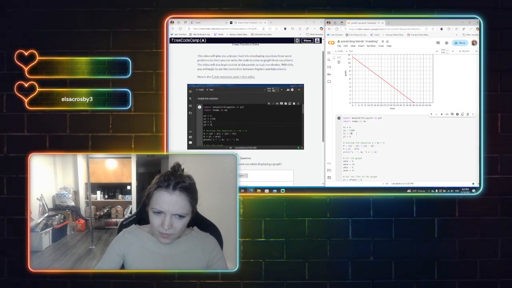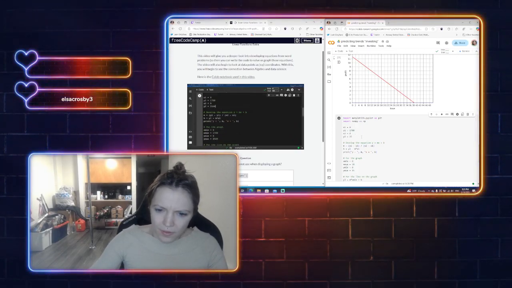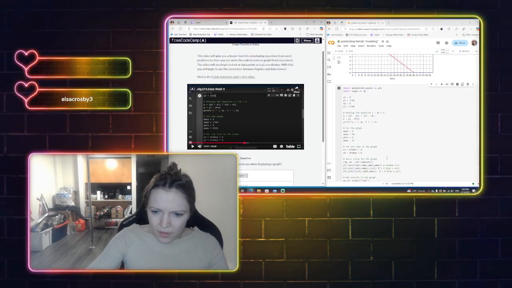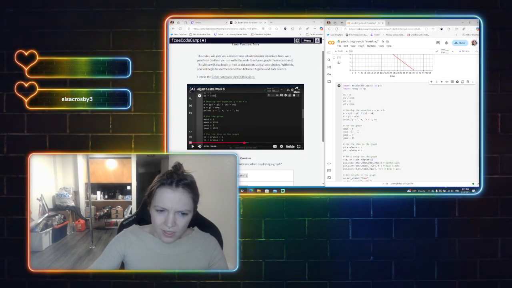Okay, so we'll have that, and the x maximum, and then I changed this.